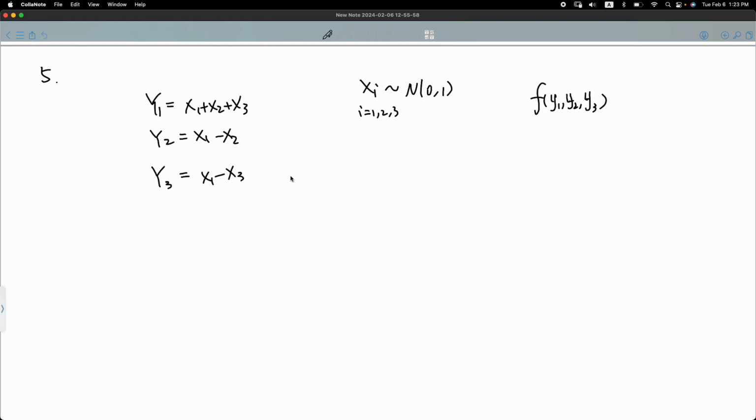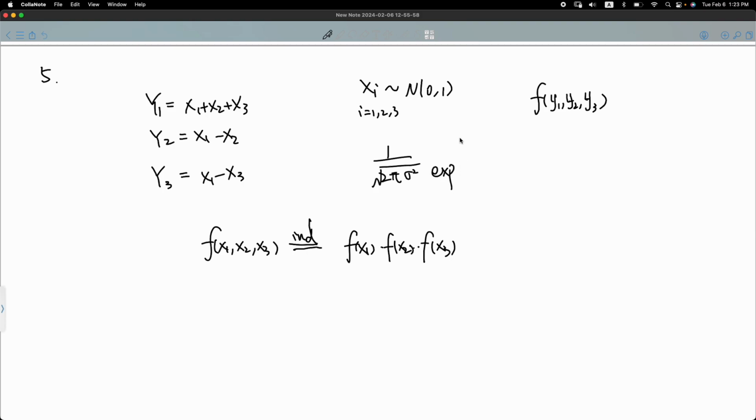Okay, so we can write f of x1, x2, and x3 as the product, because of the independence, of the densities of x1, x2, and x3. Each of them has a square root of 2 pi sigma square.